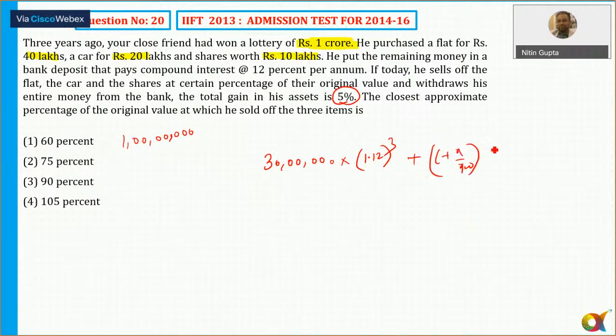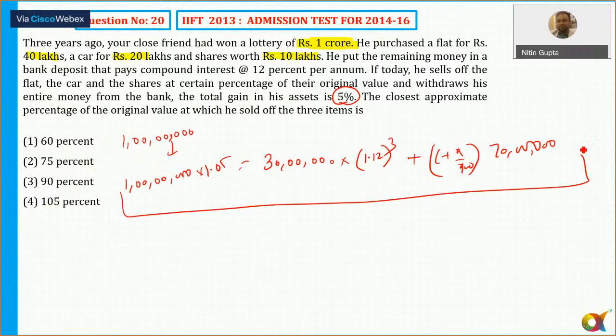That is value 5. So if you solve this, you'll get the answer, which comes out to be option number 3, which is 90%.